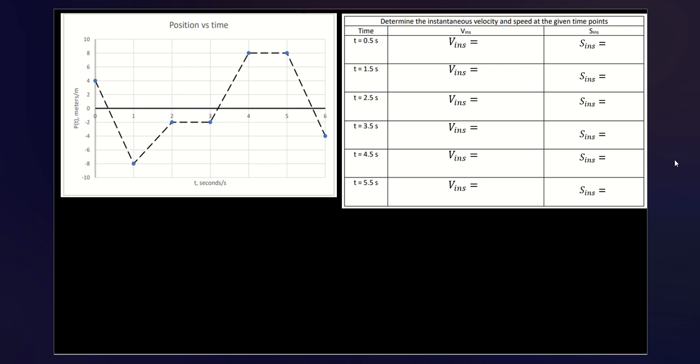And one thing about instantaneous velocity is that it is the slope of a position-time graph at the specific point in time that's being asked. So let's look at time t equals half a second, or 0.5 seconds. As we look at our chart, between 0 and 1 seconds, the line that we're touching is this one right here.